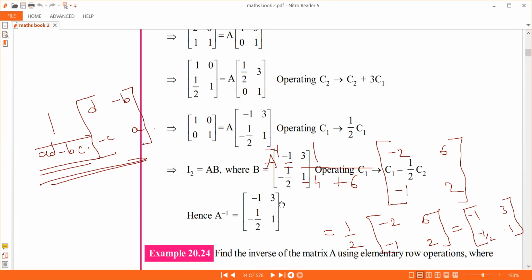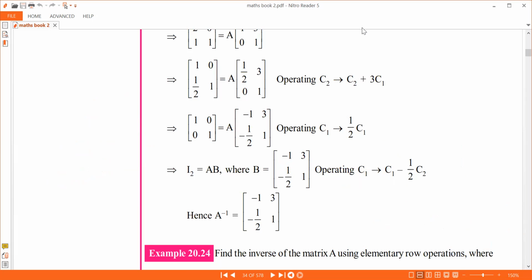The problem with this, I'll tell you, is I never recommended any of my students to learn this elementary operation. Never recommended. There are 2-3 reasons for that.